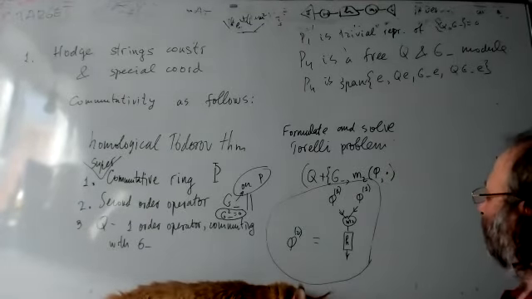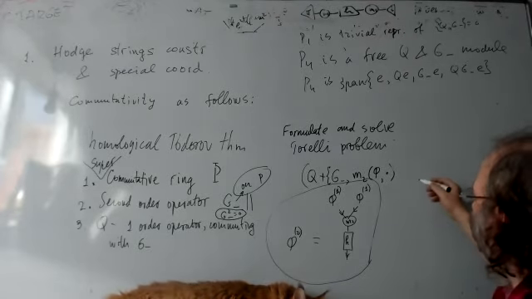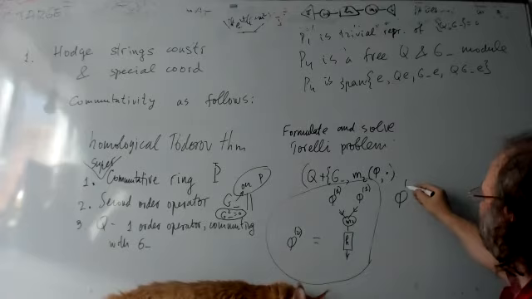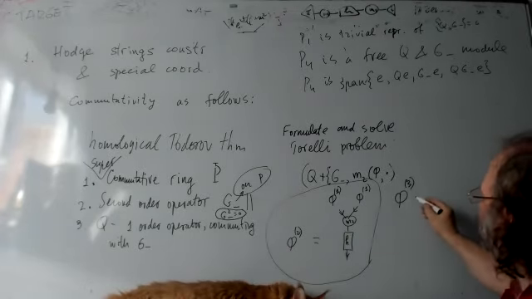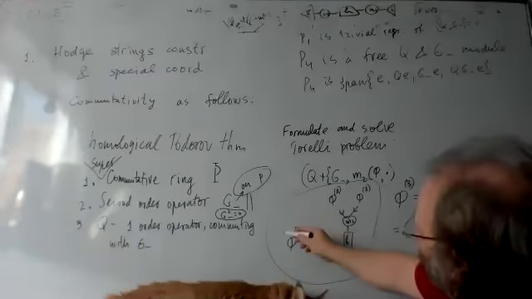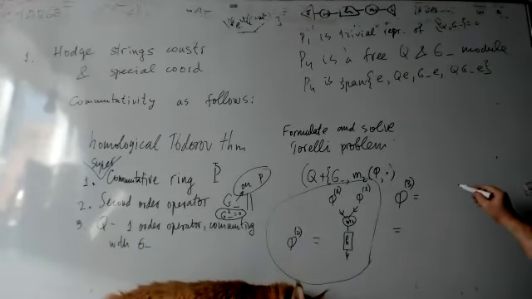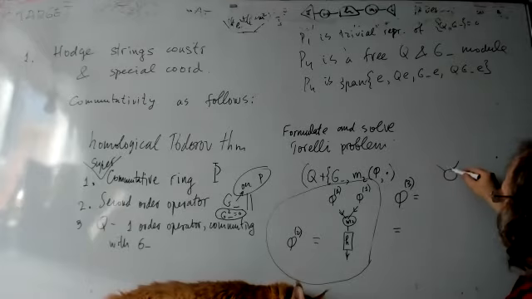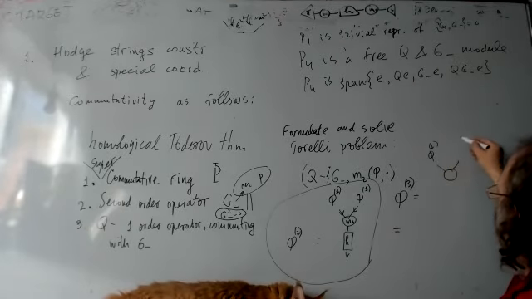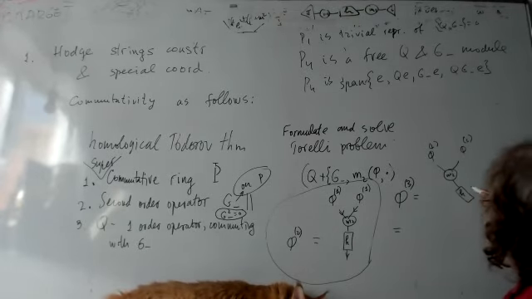So phi2 should be like this, and there are also higher phis, like phi3. So if we took exactly this phi2, then phi3 has the following representation. And also G minus.